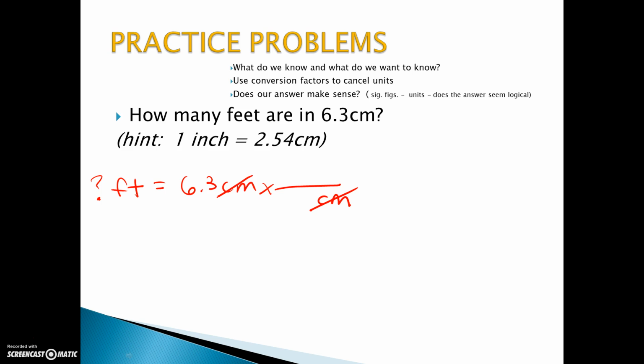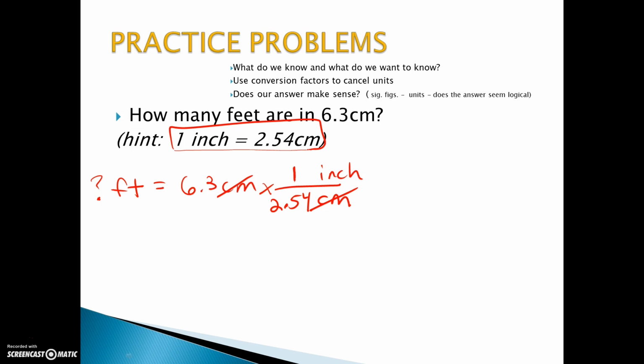I don't know how many centimeters are in a foot, but it did give me this hint. So I'm going to go from centimeters to inches first. Once I get into inches, I know there's 12 inches in a foot, and so then I'll be good. In 1 inch, it says there are 2.54 centimeters. That's what they gave me right here.